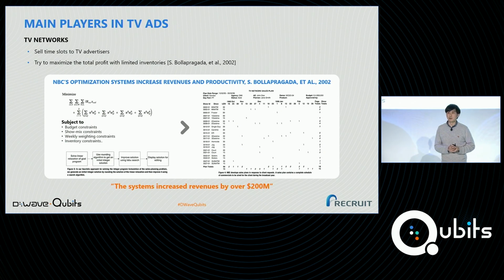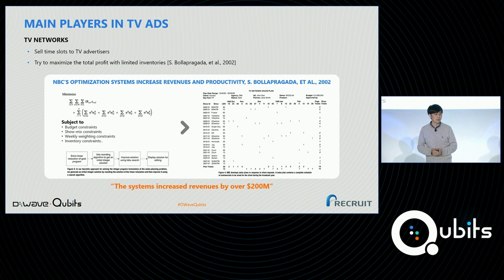As far as I know, the first success of optimization applied to TV commercials was reported by NBC, one of the biggest TV networks in the United States. They tried to maximize the total profit with limited inventory using integer programming.